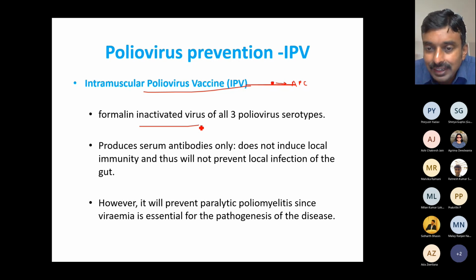Now, if you look at individual differences, it's possible that out of the 100 people, 90 responded very well, 10 did not respond well, and 5 did not respond at all. So there is going to be a spread of response among individuals, and this is dependent on genetic makeup. What does this depend on? It depends on a few things.